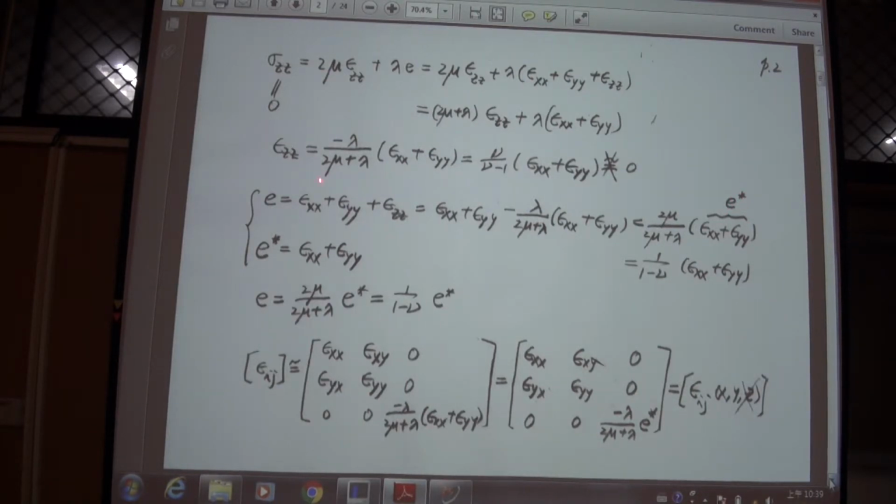So little e depends on little e star by this relation. Little e is ε_xx, ε_yy, ε_zz summed together, and little e star is ε_xx plus ε_yy, and they have a proportional relation like this.